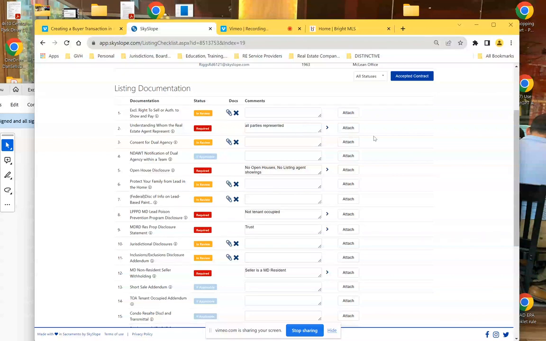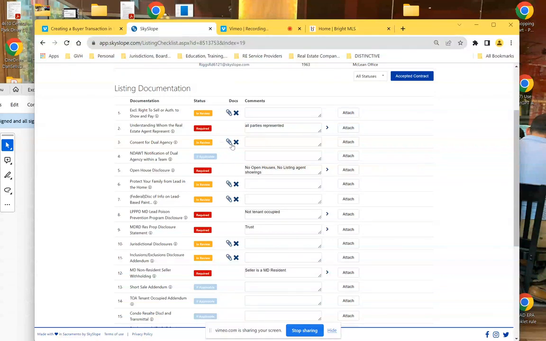If one of the parties were not represented, then I would be using this form and adding it as a paperclip. But in this case, it does not apply. So I'm explaining to compliance why it is not necessary. In this case, all parties are represented is a valid reason. So that's going to explain that process.